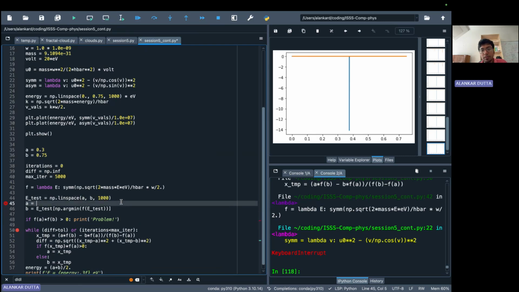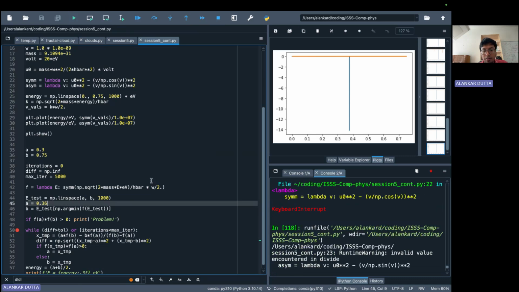Let's have A which is even close, say 0.36, and try to see what's happening in here.